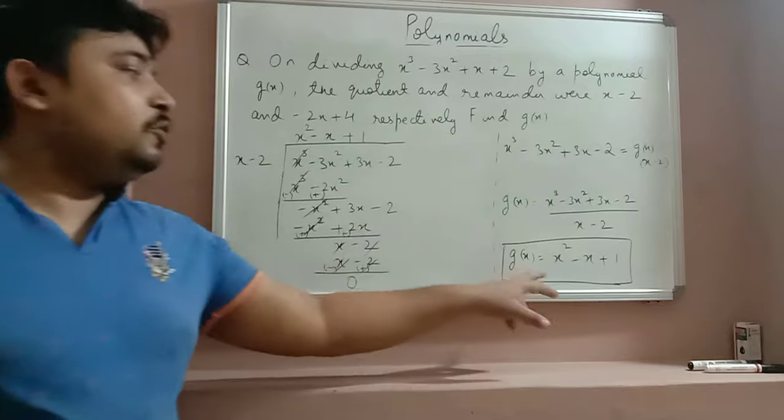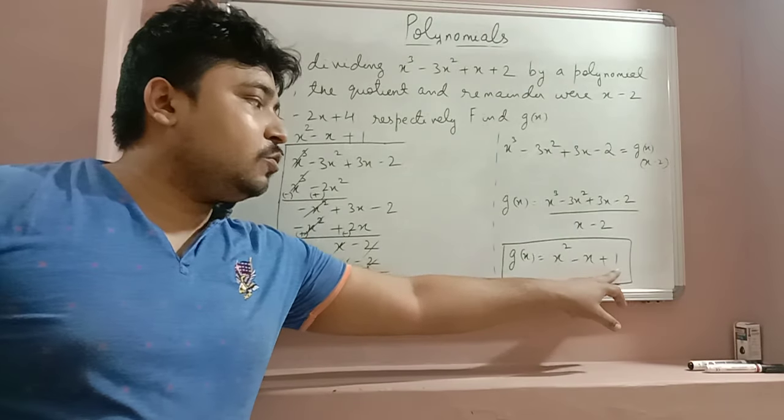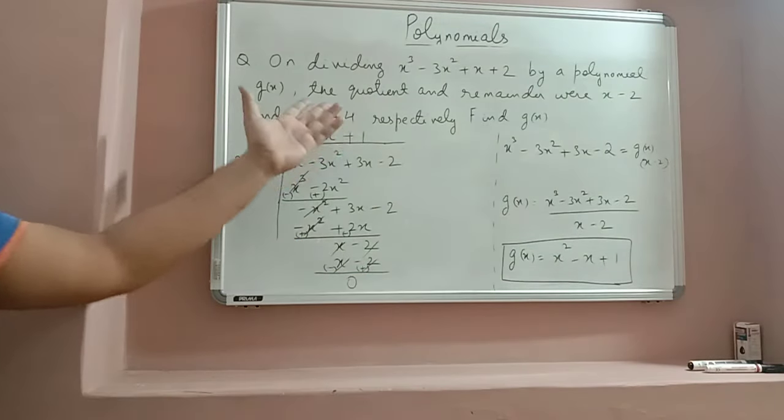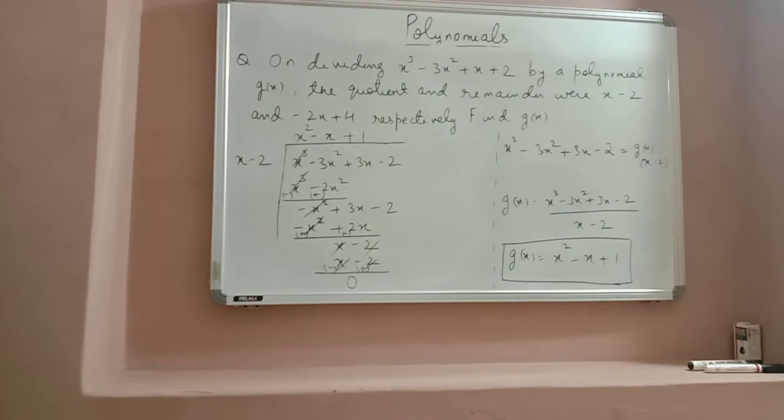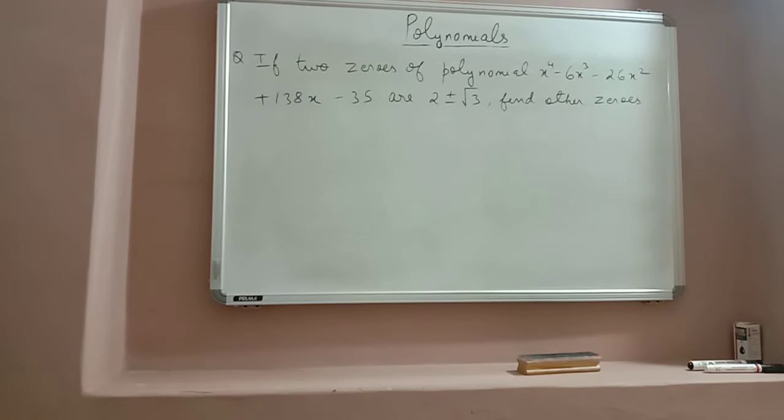So we got the value of g of x as x square minus x plus 1. This completes the solution of this question. Alright, let's take up another question.